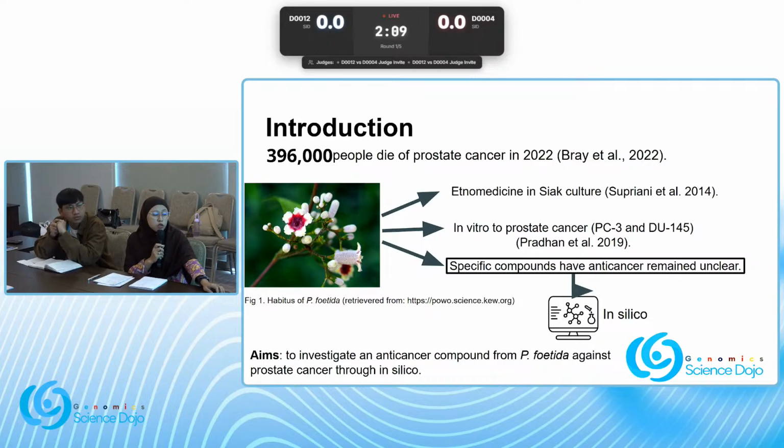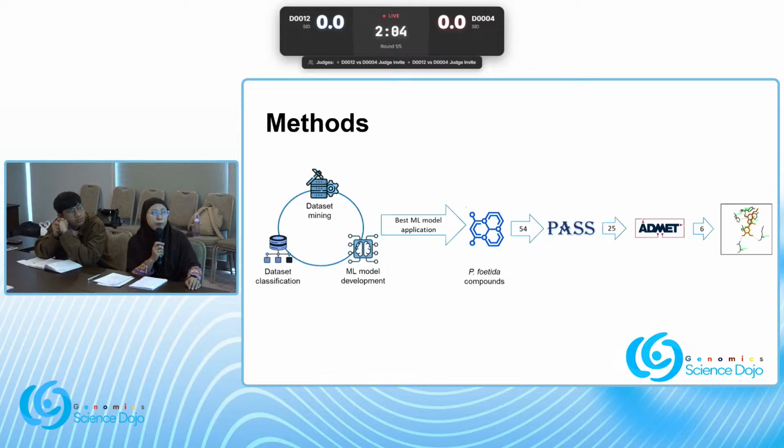So we aim to investigate the anti-cancer compounds from P. foetida against prostate cancer through in silico methods. Next. For the method, we use 6 machine learning models to train on P. foetida, and we want to search the P. foetida compounds from the database, and we filtered with PASS and ADMET, so we get the active compounds that we will dock with protein PARP1.